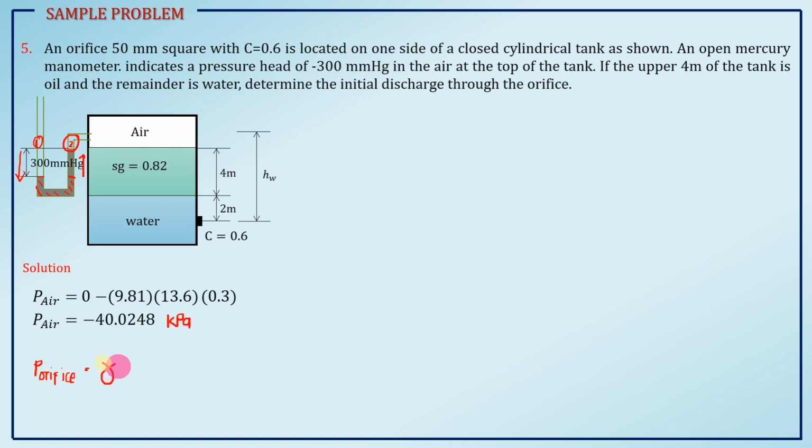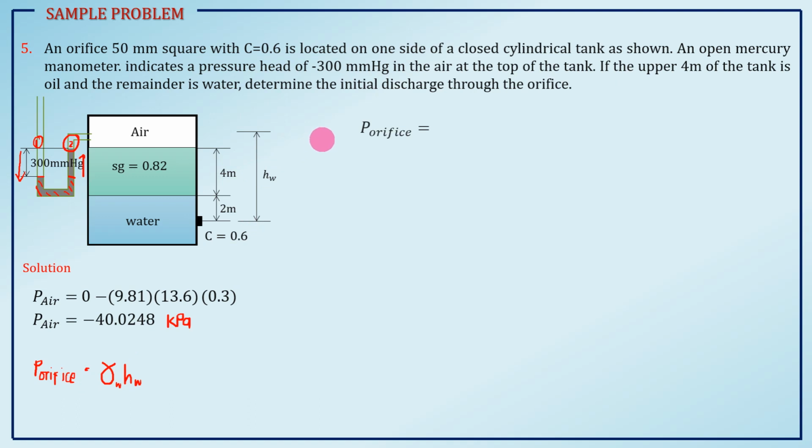equation natin ng unit weight times the height W. No? So, pressure of orifice dito mararanasan yan is yung pressure dyan by summation ng pressure ng air and the oil and this water. Then, convert natin siya into the head. Sige, solve natin si pressure ng orifice.